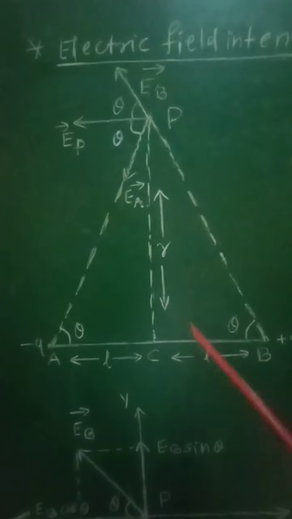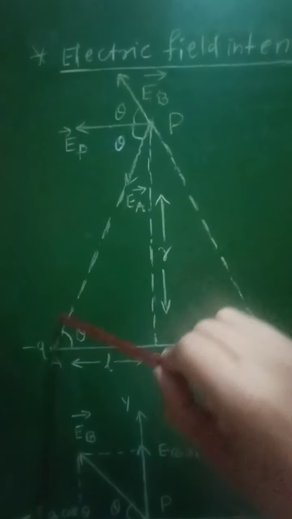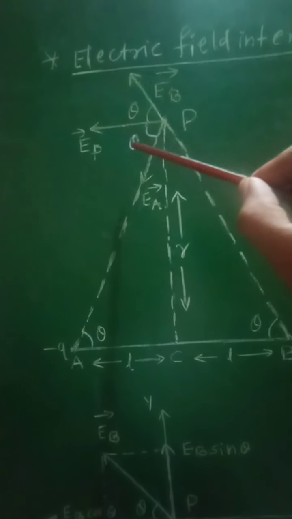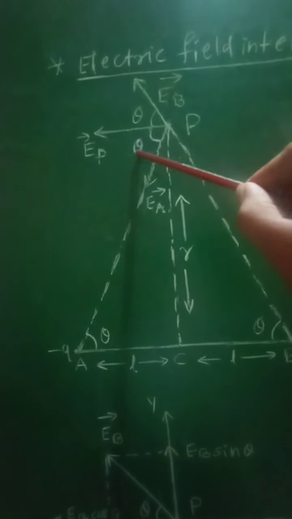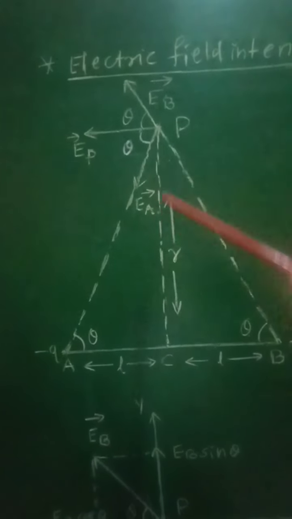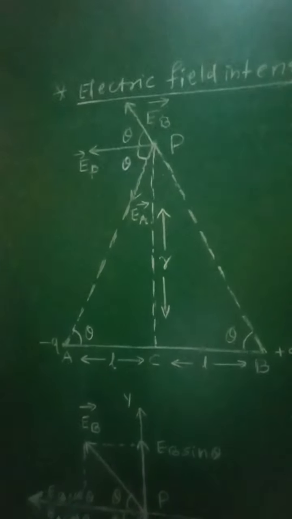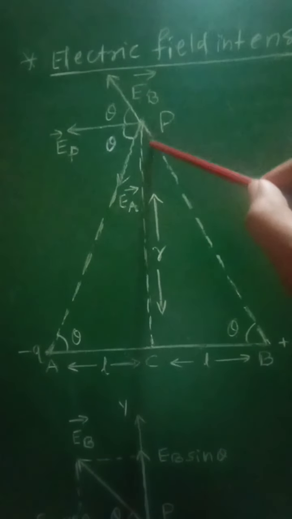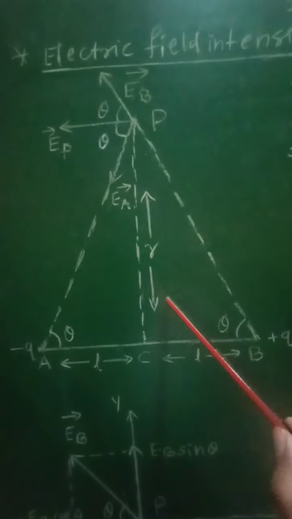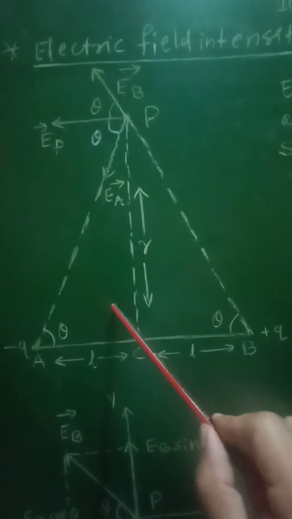Then for AB and for EP, these two are parallel lines, and AP will represent the intersection, and therefore this angle will be again theta, similar to this, because of alternate angles. So distance CP is taken as r, and due to this perpendicular line, we will get two right angle triangles, which will also be useful for further geometry.